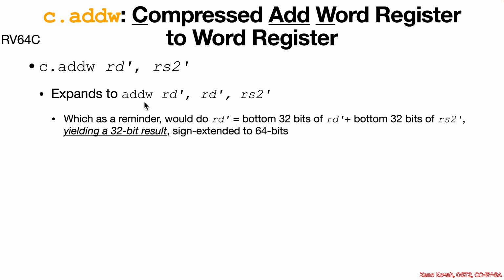That expands to the uncompressed form of destination plus source 2, because this is also implicitly source 1, source 2, add them together, place them into the destination register, but this is an add W, so treat those things like they are 32-bit values. So RD prime is the bottom 32 of whatever the initial RD prime value is, plus the bottom 32 bits of RS2 prime, get a 32-bit result, sign extend it to 64 bits.